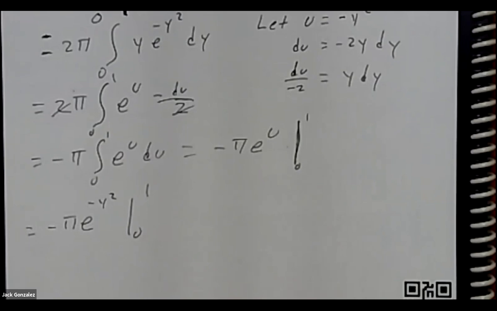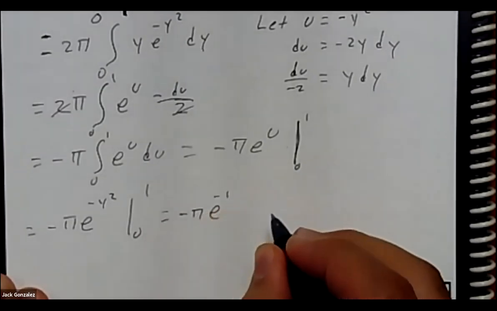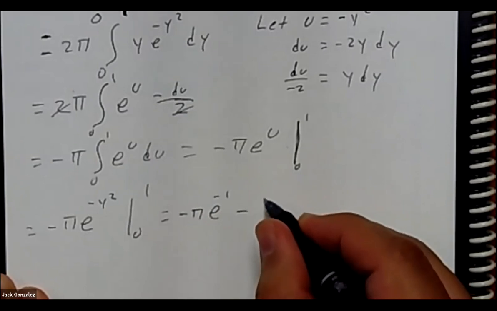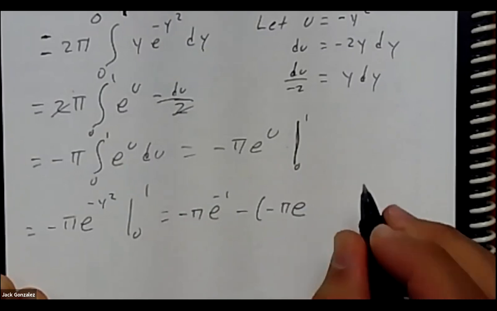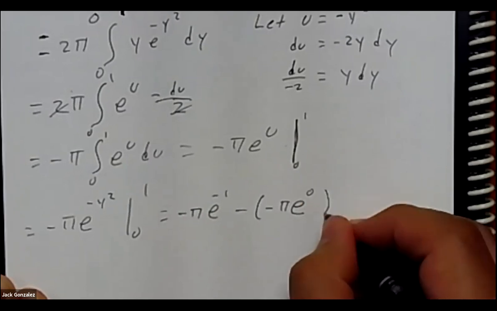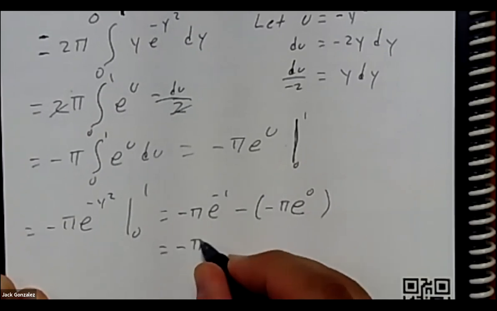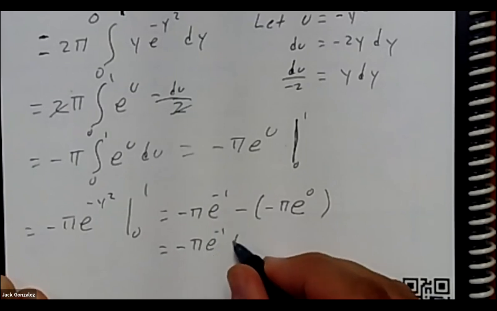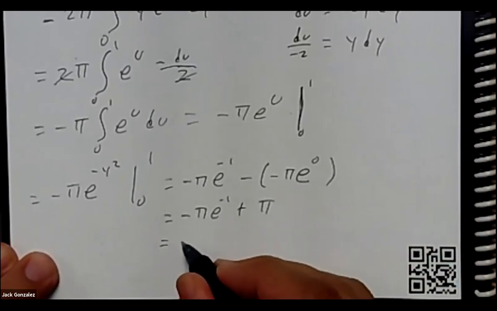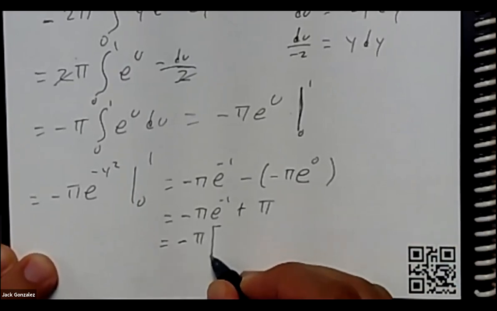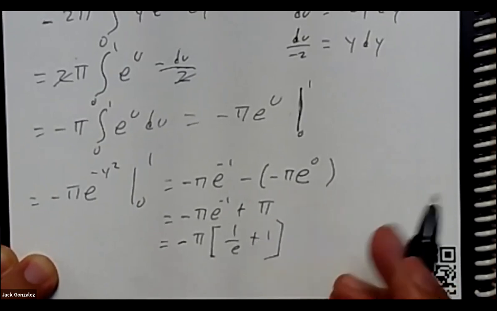It's negative pi e to the negative 1 minus negative pi e to the 0, which is negative pi e to the negative 1 plus pi.